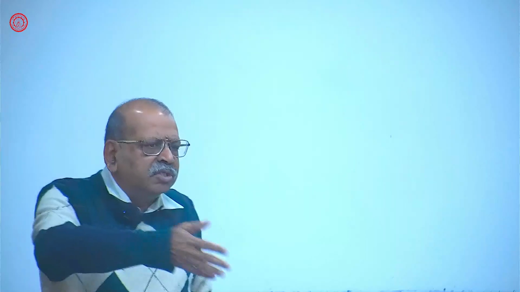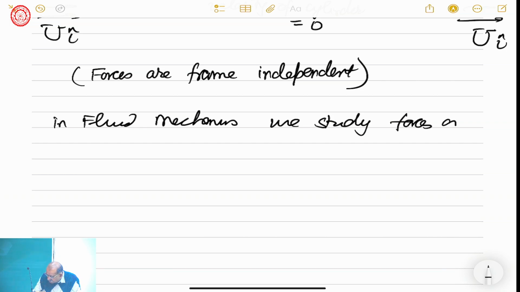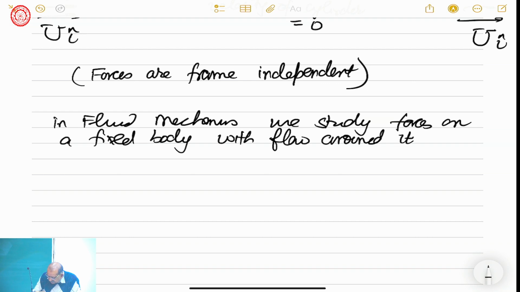The second case will be easier, at least I don't have to move with the car. Of course, with advanced sensors and advanced technology, maybe I can still do the first one. And this case 2 which we talked of, that is why this change of frame is important, because often in fluid mechanics we study forces on a fixed body with flow around it.